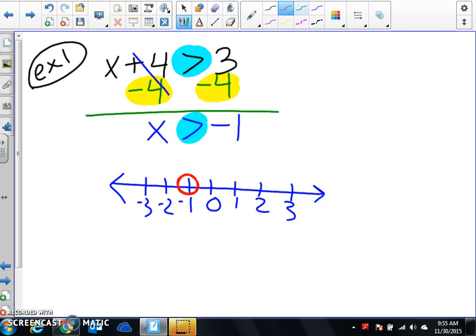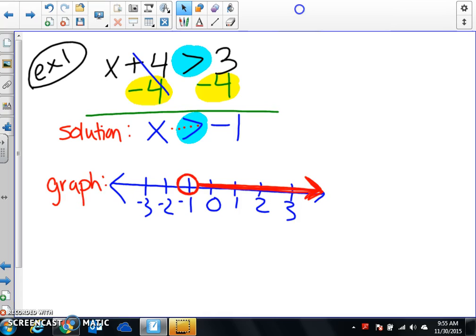My variable is on the left, so I can go ahead and follow this arrow. So it goes to the left. So this is your solution, and this is our graph. I'm going to ask you to be able to do both. Okay. Here's the next one.